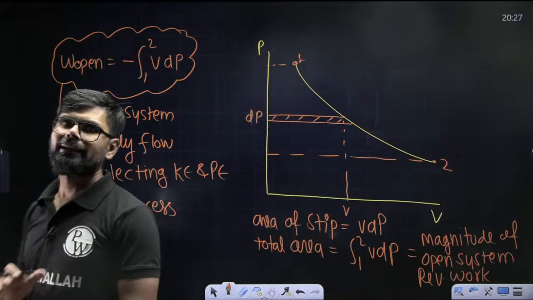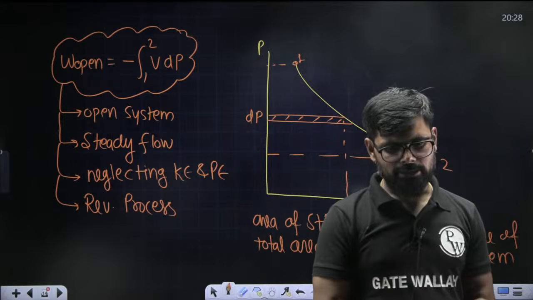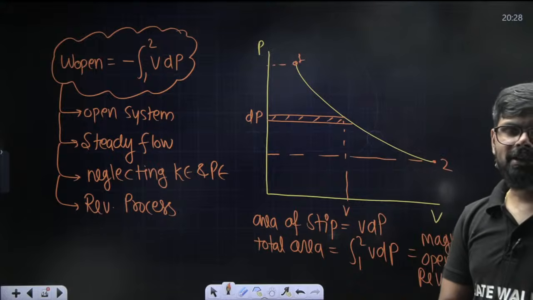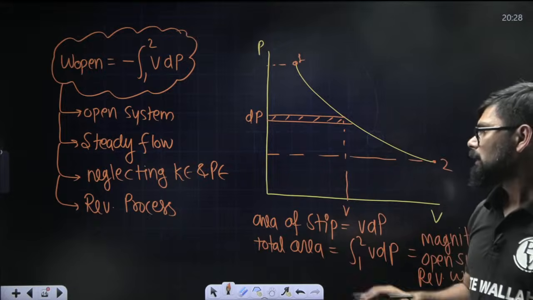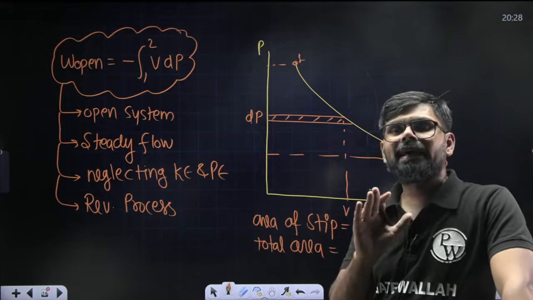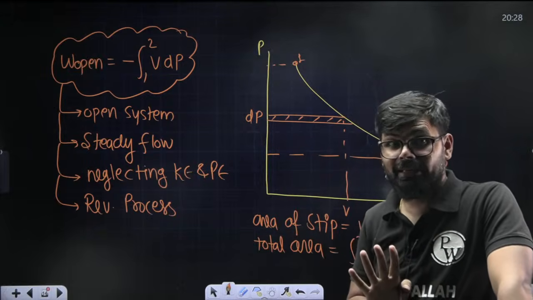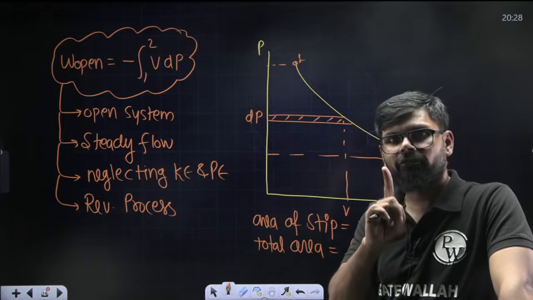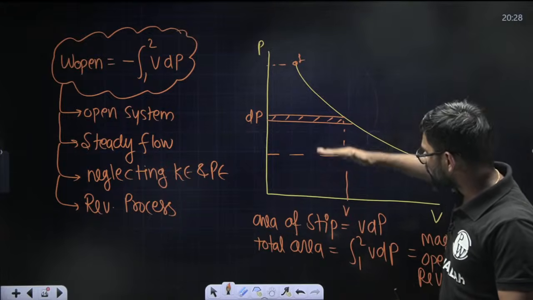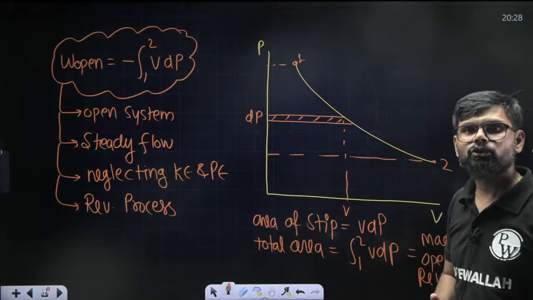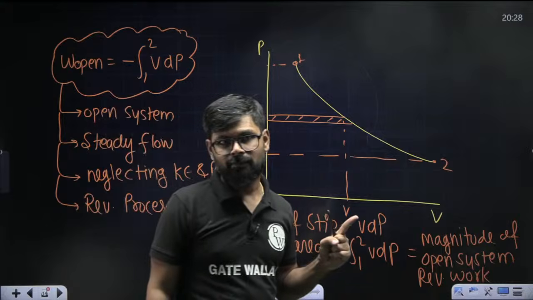Now one very important point, and it is very simple. For the PV diagram, you have to remember 4 statements. The first one: area under the curve when projected on the volume axis in the PV diagram gives closed system reversible work.